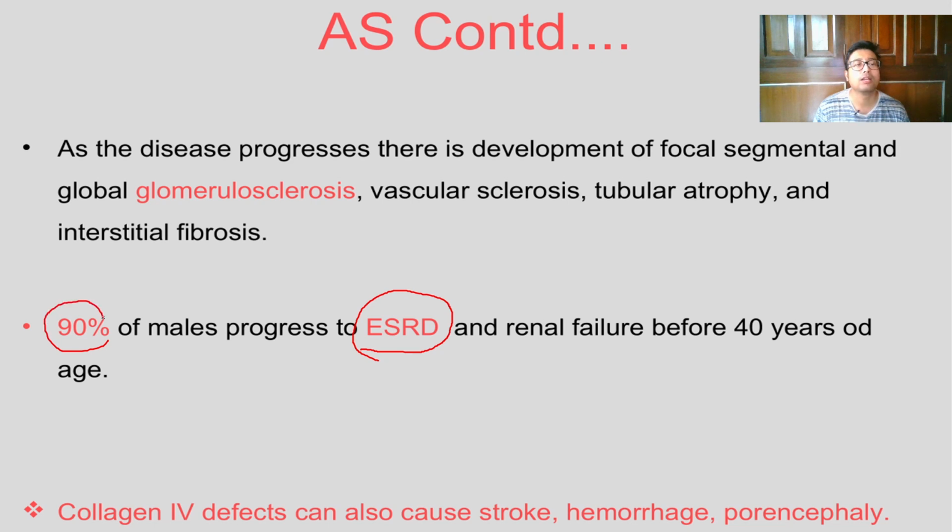Not only will the patient complain of blood in urine, 90% of male patients will progress to end stage renal disease due to global glomerulosclerosis. This term will be taught in physiology, in the nephrotic system, in the genitourinary system, and also in pathology.